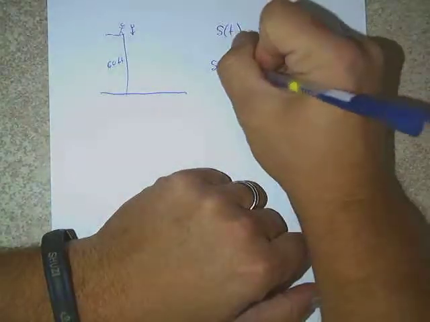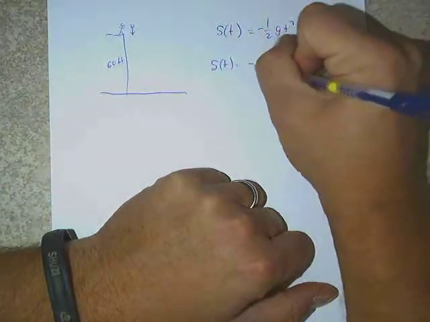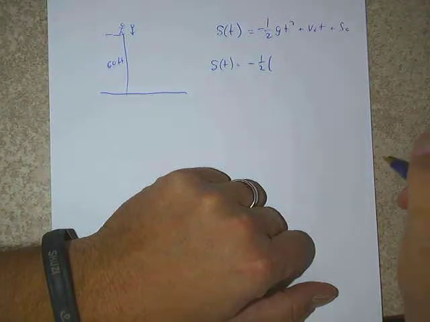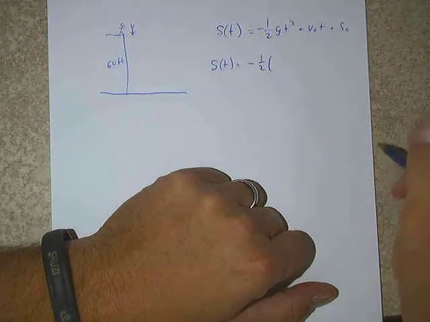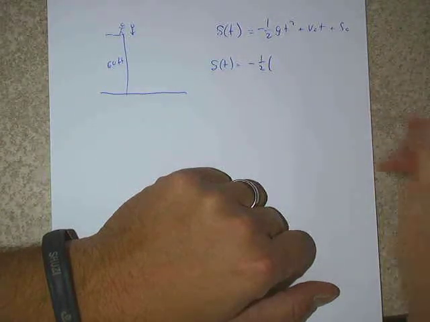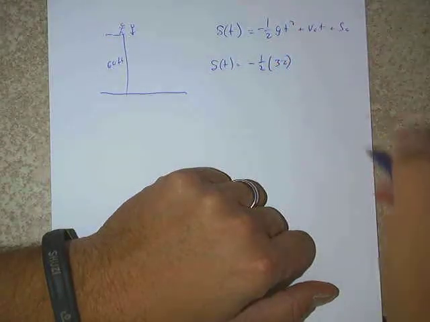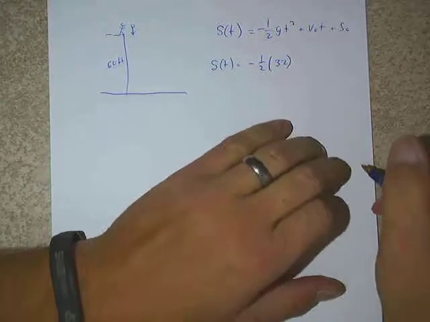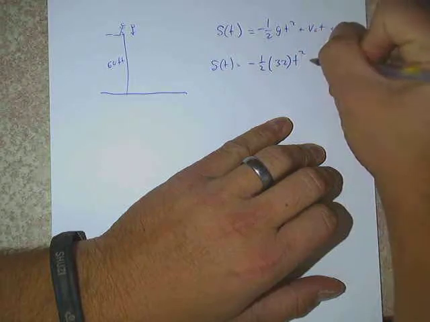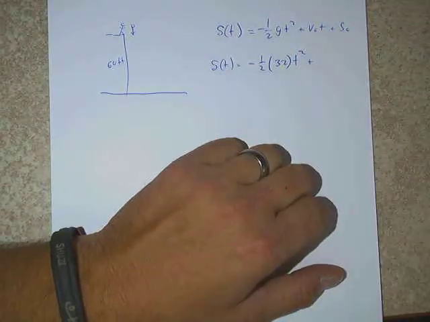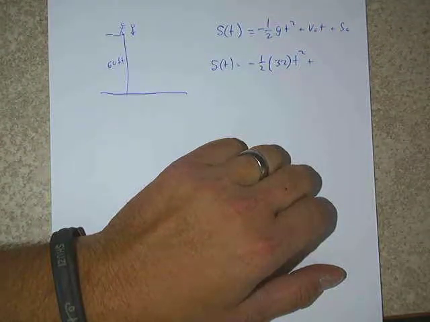Fair enough? So if the cliff is 60 feet tall, then my position equation in general is negative 1/2 g t squared plus v sub 0 t plus s sub 0. So let's fill in the blanks for this situation. My negative 1/2, what's my g going to be if I'm in feet?